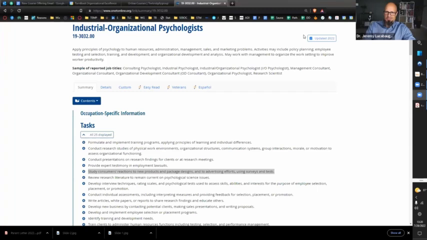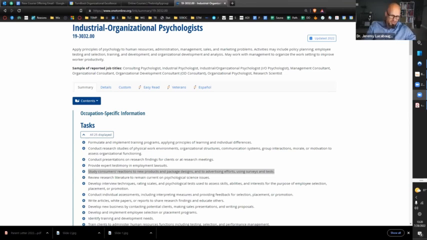So I'll share something that we've got out from Patty, but I wanted to share my screen and show this first. This is something that's always stuck out to me. What we're looking at is the O*NET, where you look at the different occupations and all the tasks.